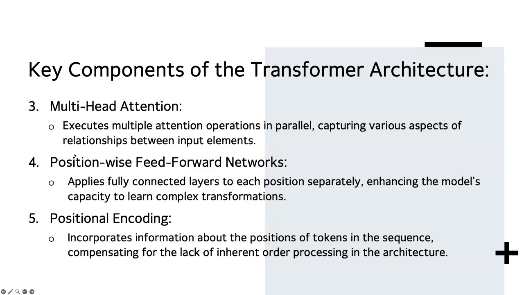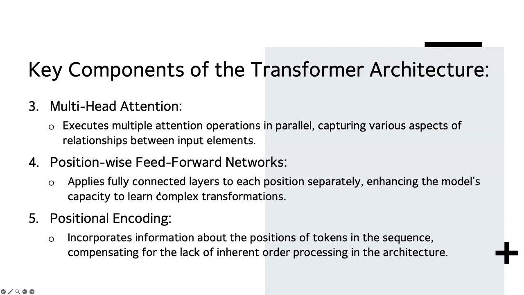The third one is multi-head attention. It executes multiple attention operations in parallel, capturing various aspects of relationships between input elements. The position-wise feed-forward network applies fully connected layers to each position separately, enhancing the model's capacity to learn complex transformations.